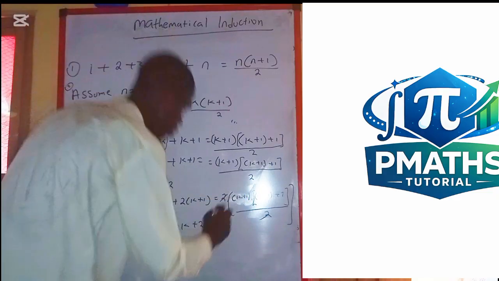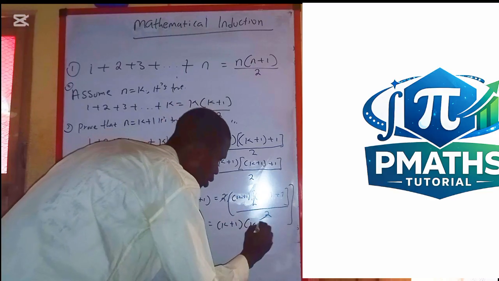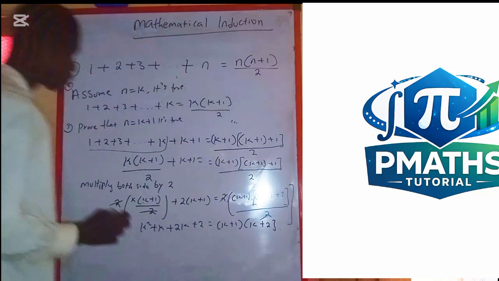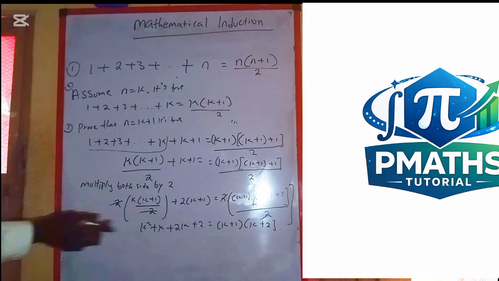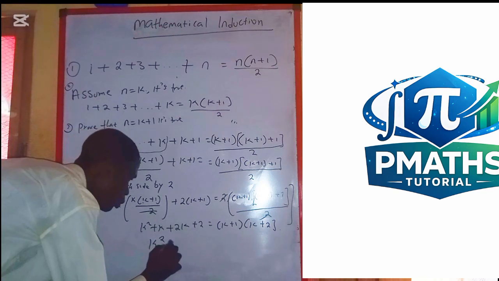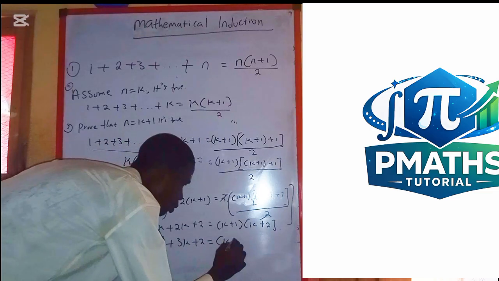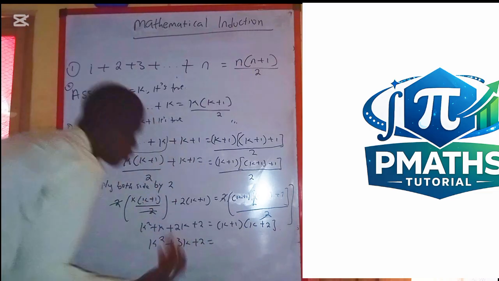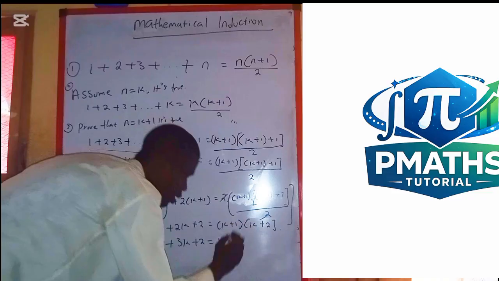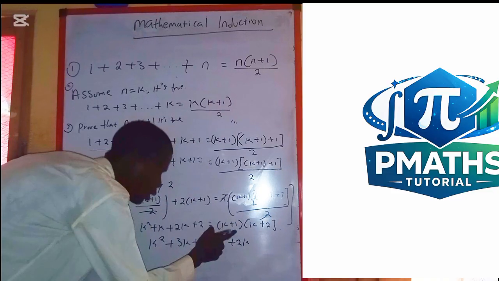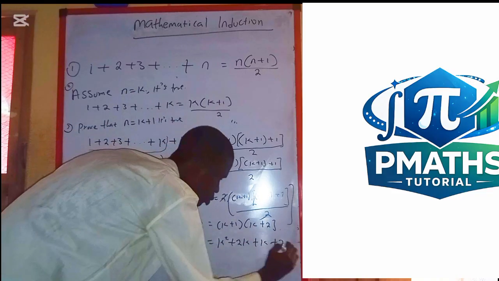So we open this bracket, that's k squared plus k plus 2k is 3k plus 2, equals k times k, k squared, k times 2 is plus 2k, 1 times k is plus k, 1 times 2 is plus 2.